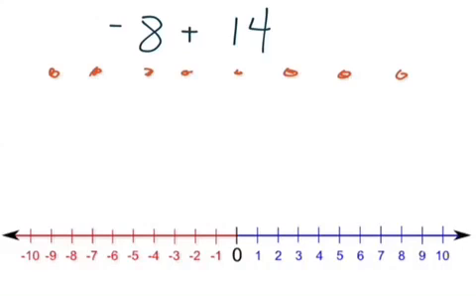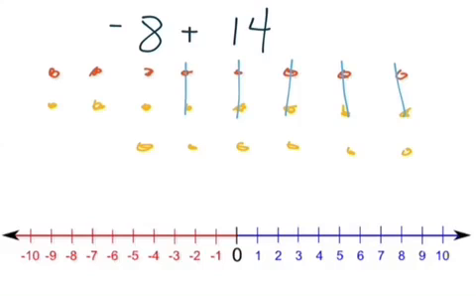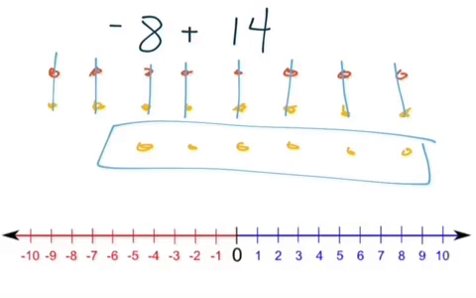Got 14 for the positive, 1, 2, 3, 4, 5, 6, 7, 8. I'll have to come down here, 9, 10, 11, 12, 13, 14. These will cancel, these will cancel, those 2, those 2, those 2, and then I've got this left over, which I think is positive 6.